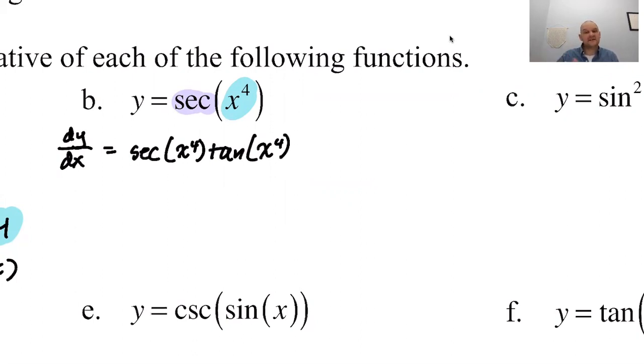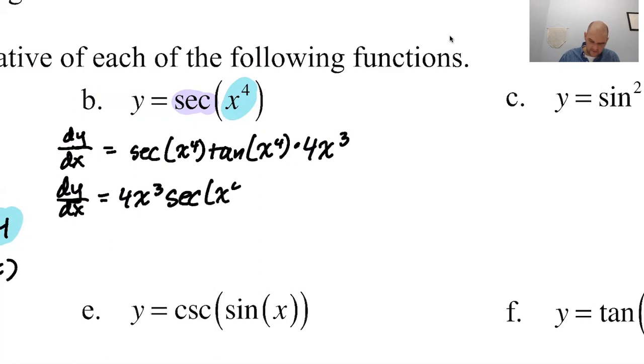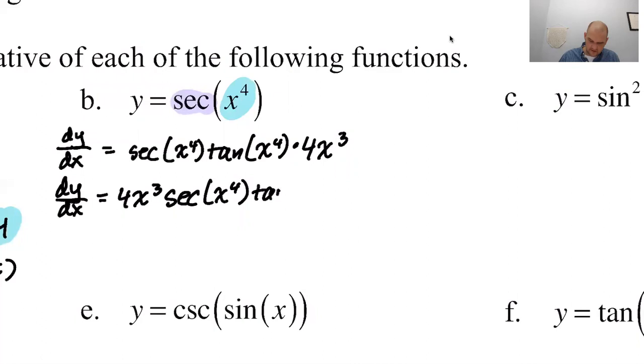Well, that thing is x to the 4th. The derivative of x to the 4th is 4x cubed. So I would say that dy dx is 4x cubed secant of x to the 4th tangent of x to the 4th. Okay, so you're going to get better at these.